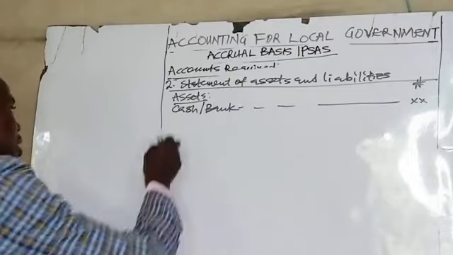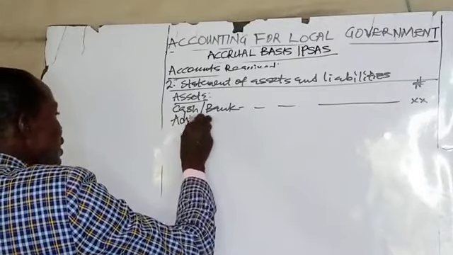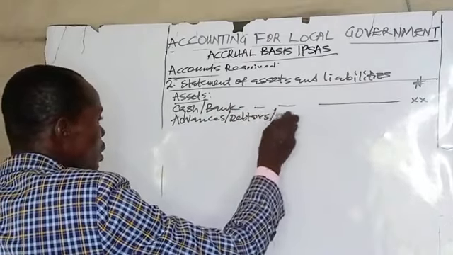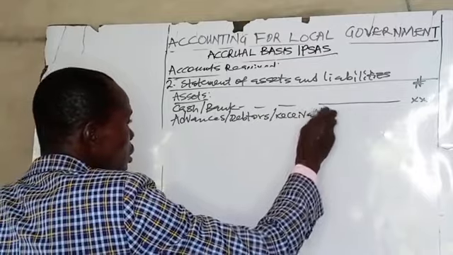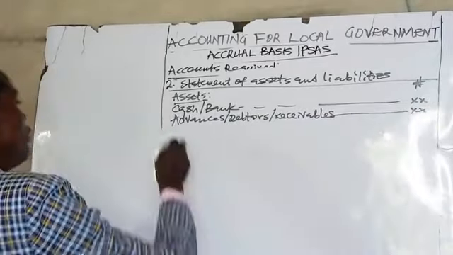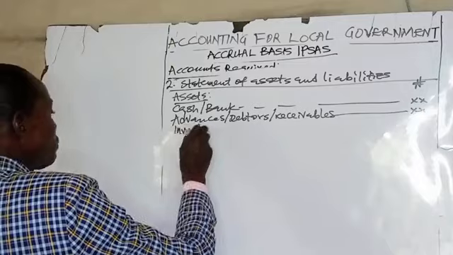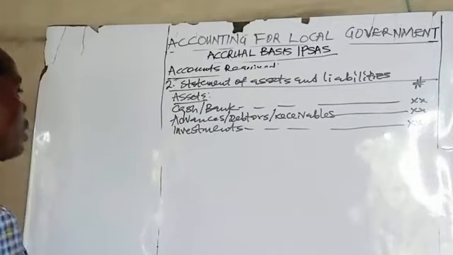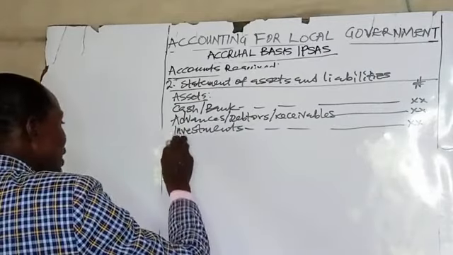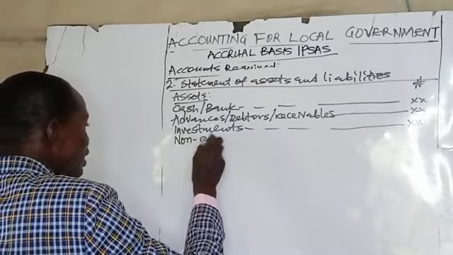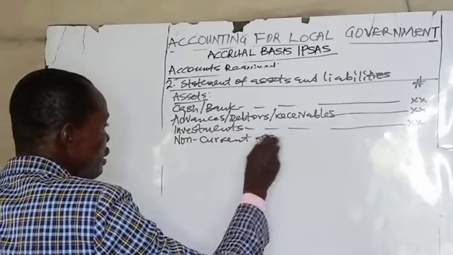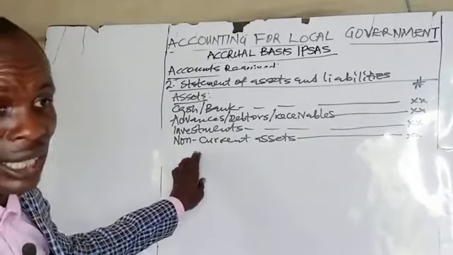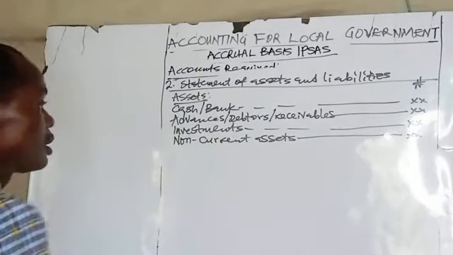Then advances or debtors or receivables. Then investments, if any. Then non-current assets, if any, with depreciation deducted. Then you get the total assets.